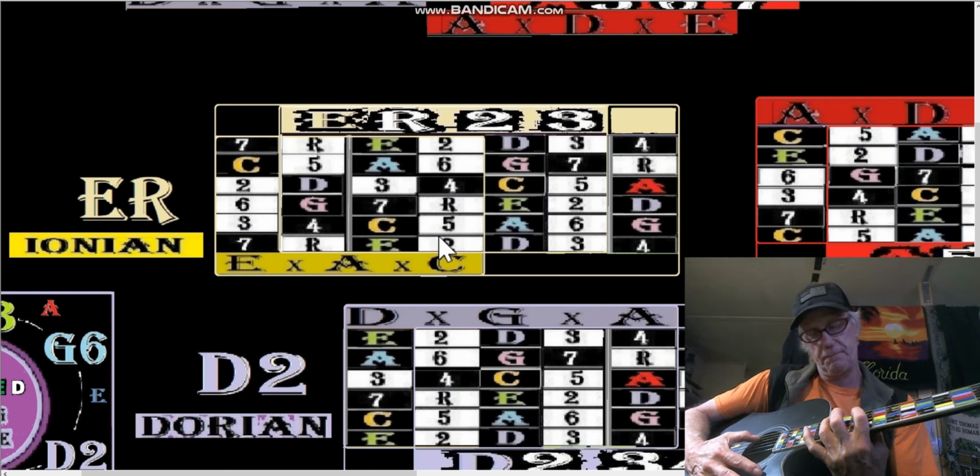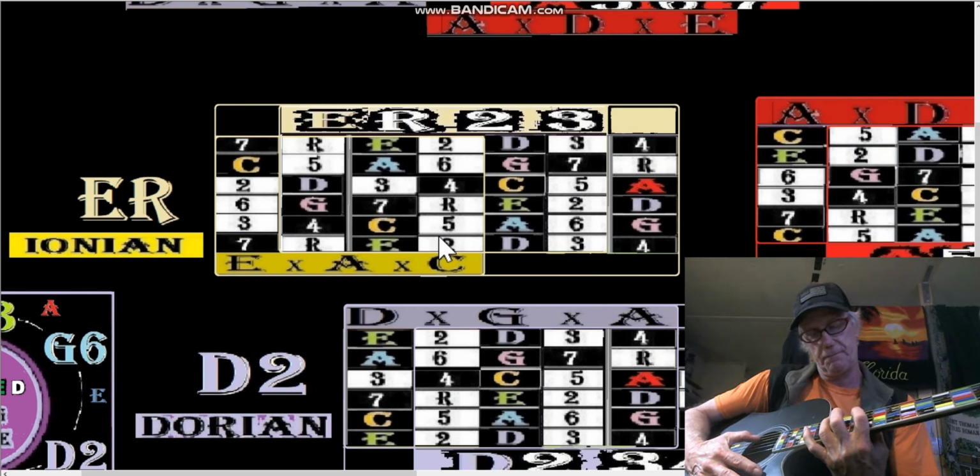Once you know where it is in the scale, oh, it was on the G string, then you can play it anywhere. Okay, so that's the blues note in the E. In the short CAGED, the traditional CAGED right here, I know it's upside down, but that would be that E there.